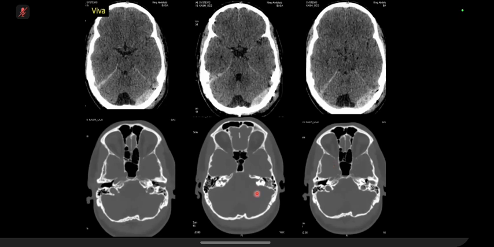There's also some pneumocephalus there as well. I can see the subcutaneous air locules as well. In the bone window, there is a fracture through the bone as well. So a fracture, pneumocephalus, and subdural. What kind of hematoma is this?